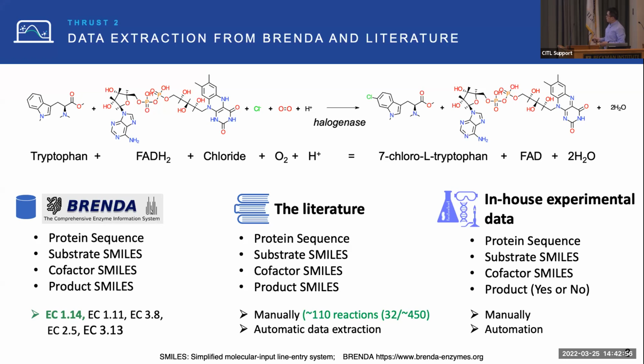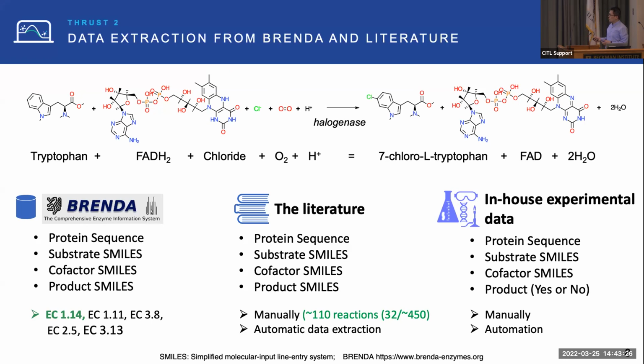Except for the current database and literature, we can get very high quality data from our in-house experimental data. But limited by the high throughput screening method, we currently only know the information about the product as yes or no, whether this substrate could do the reaction or not.